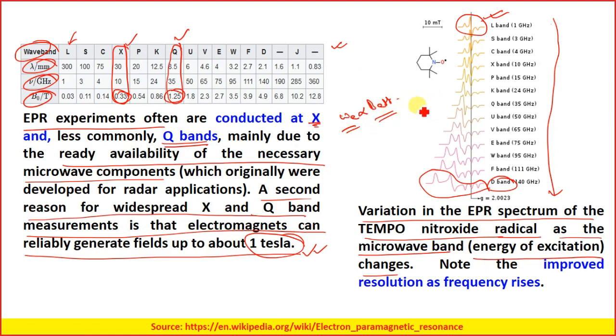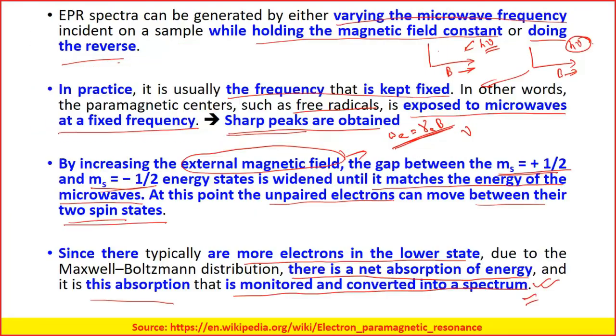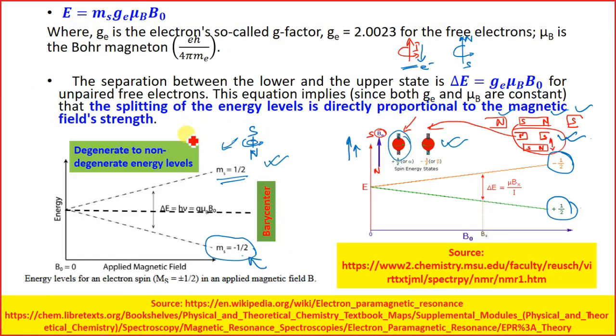So basically, when you are increasing the magnetic field to a higher level, what is happening? The energy separation between the non-degenerate energy levels is increasing further and further.